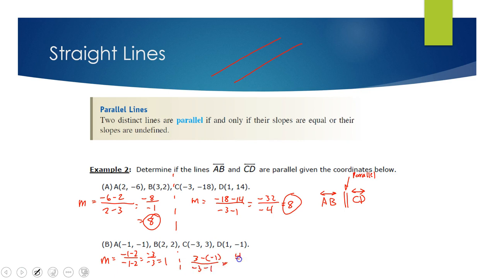So I'm going to have 4 over negative 4, which equals a negative 1. Those are not equal to each other. So AB is not parallel to CD. As we will learn in a little bit, they're actually perpendicular to each other. They're opposite reciprocals, and we're going to talk about that rule momentarily.